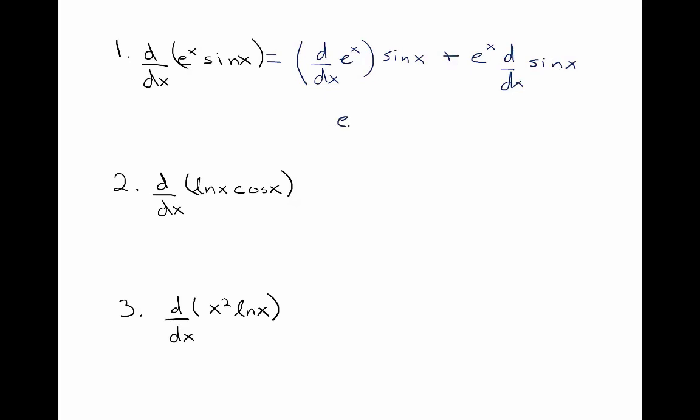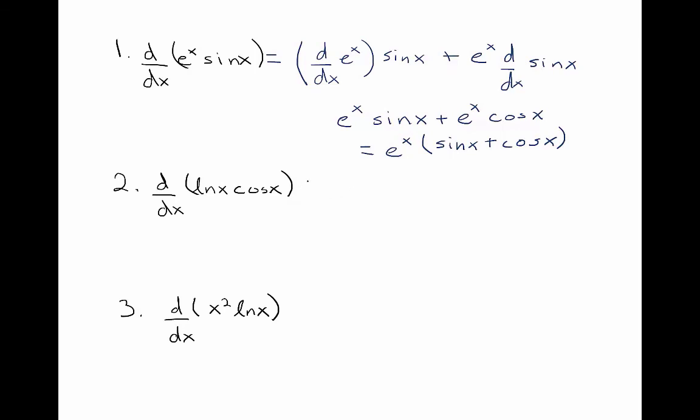So we have e to the x sine x plus e to the x cosine x. And if you like, not required, but if you like, you can simplify and write e to the x times sine x plus cosine x. I find it difficult to resist rewriting it this way, but everyone has their own personal preferences.